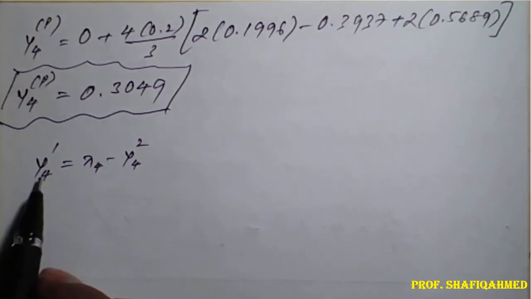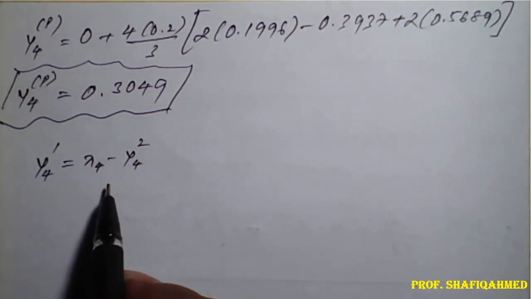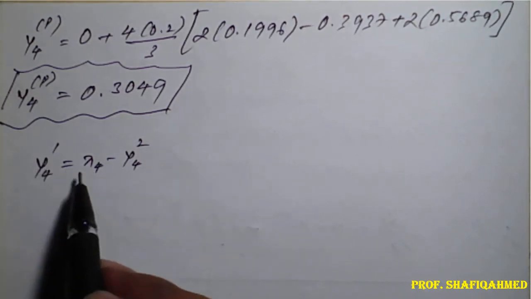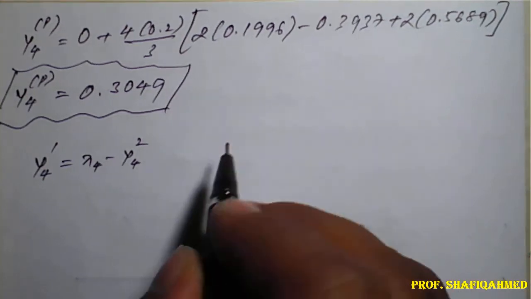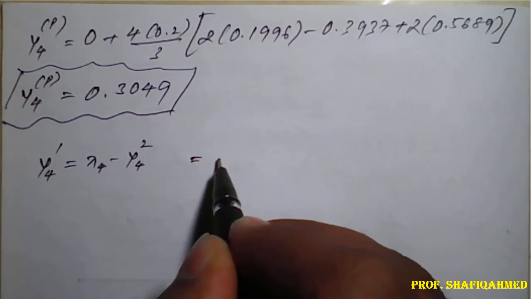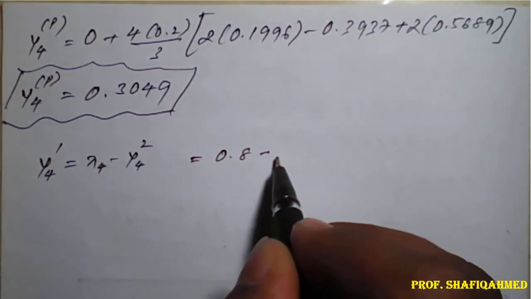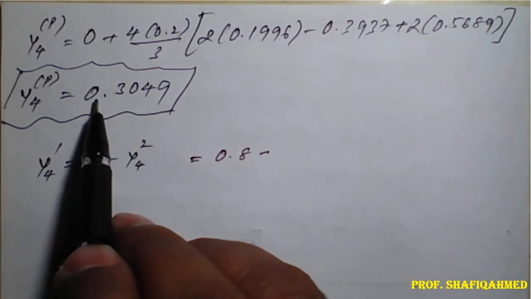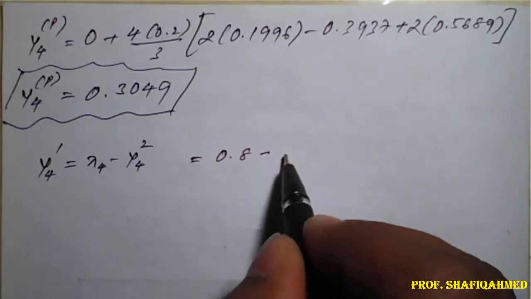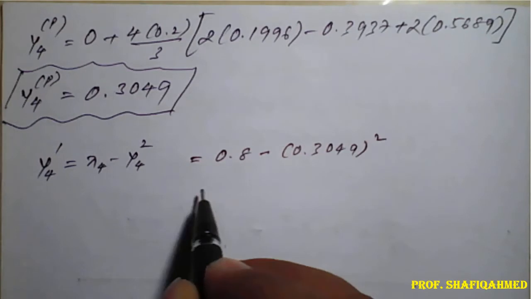Actually we have the formula y dash is equal to x minus y square. That formula I have written in terms of y4 dash, x4 and y4 square. We know the x4 value from the table, it is 0.8, minus y4 square, where the y4 value we just calculated is 0.3049.